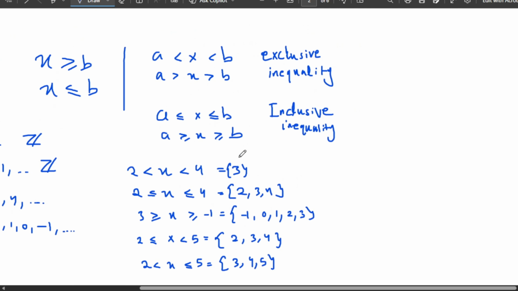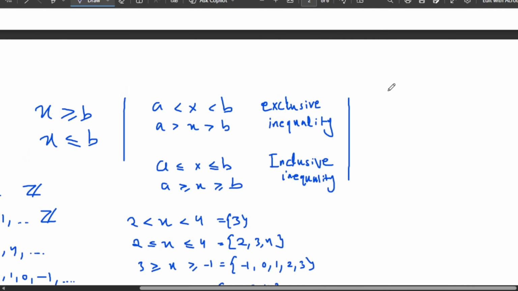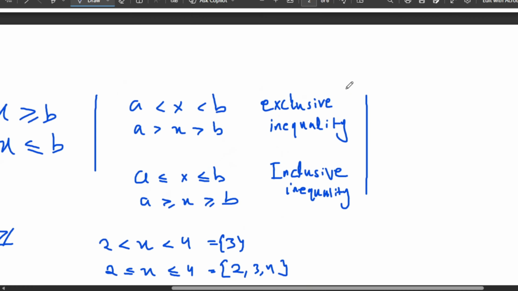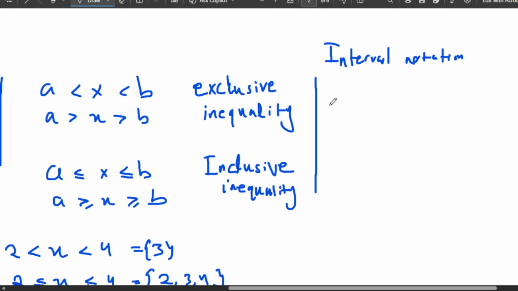Now there's something called interval notation. The interval notation will be open brackets for exclusive inequalities. So (a, b).